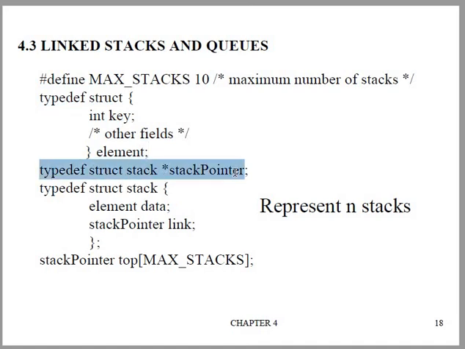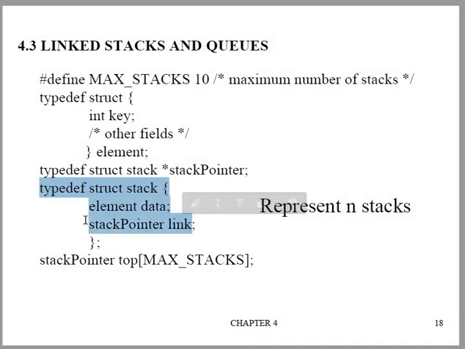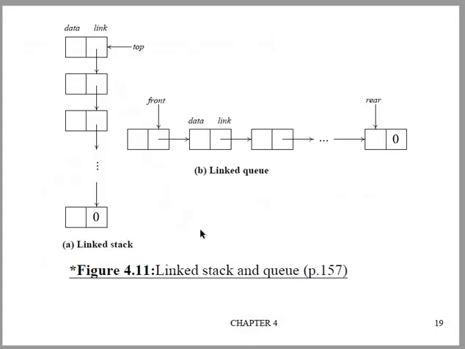So we will create the stack pointer. And within the stack, we'll have the data fields. Stack consists of elements, so data fields and the pointer to the next element we'll have. For that, another stack we will use.